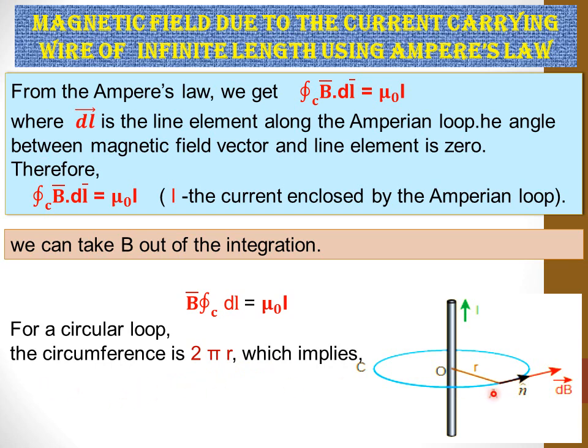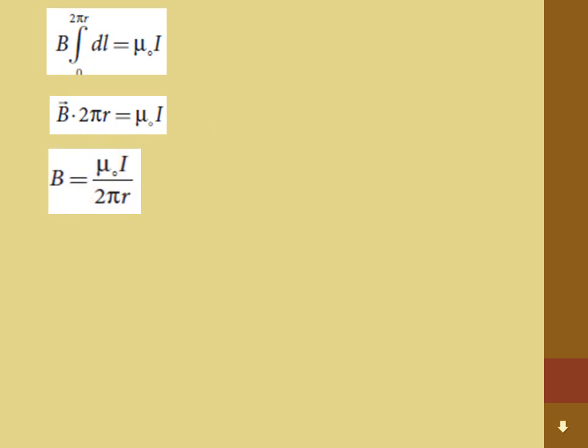For a circular loop, the circumference is 2 pi r. So B closed integral from 0 to 2 pi r, because it's a circumference, dl is equal to mu naught I. If you integrate, then B into 2 pi r is equal to mu naught I, or B is equal to mu naught I by 2 pi r.